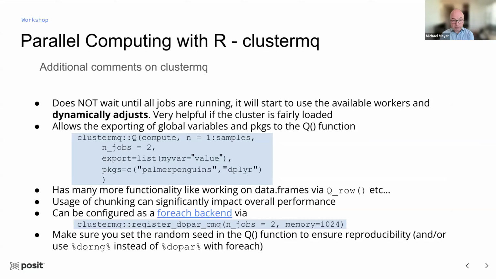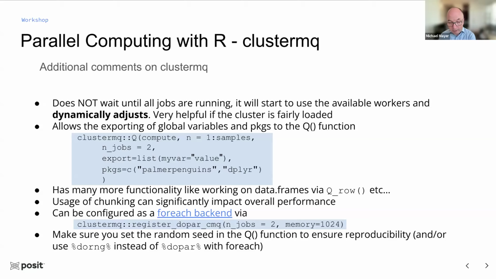Another important thing as well is that sometimes in your organizations you are not the only one on the cluster. So sometimes you want to run 100 jobs, like n_jobs equals 100, because you have a big, long computation, but the cluster only can run 40 of those 100 jobs at the moment.